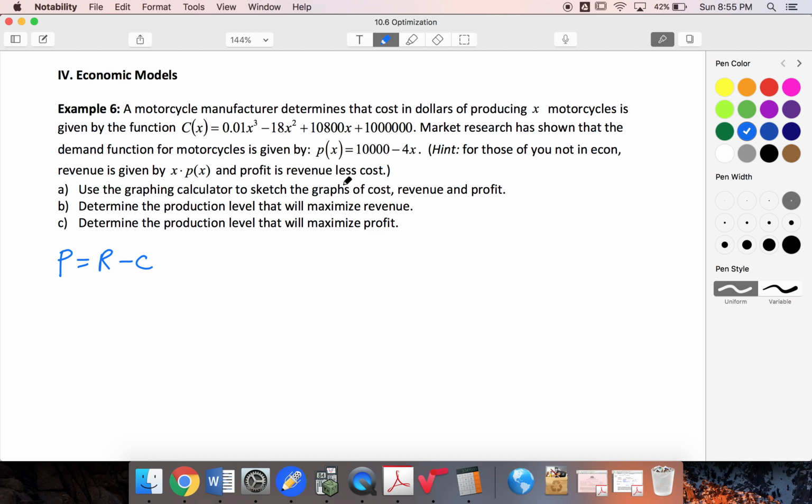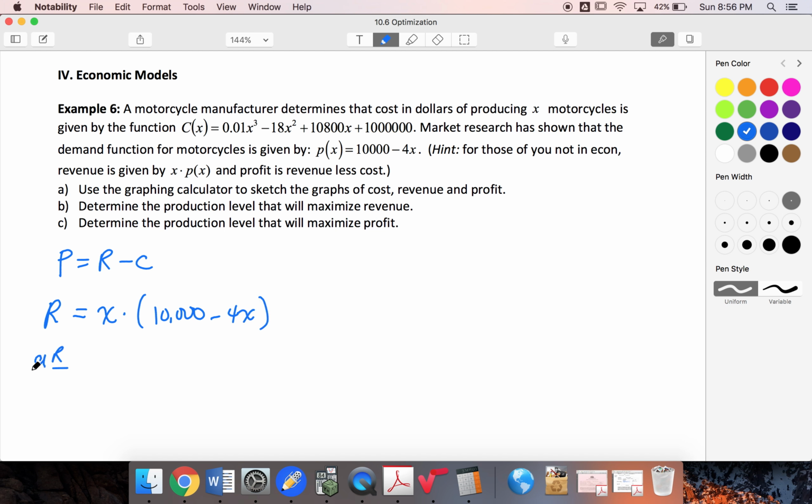So use your GDC to sketch those graphs. I'm going to leave that to you. Use your GDC, use Desmos, see what happens. But then we want to determine the production level that maximizes revenue. So revenue is equal to x times the demand function. My demand function is 10,000 minus 4x.